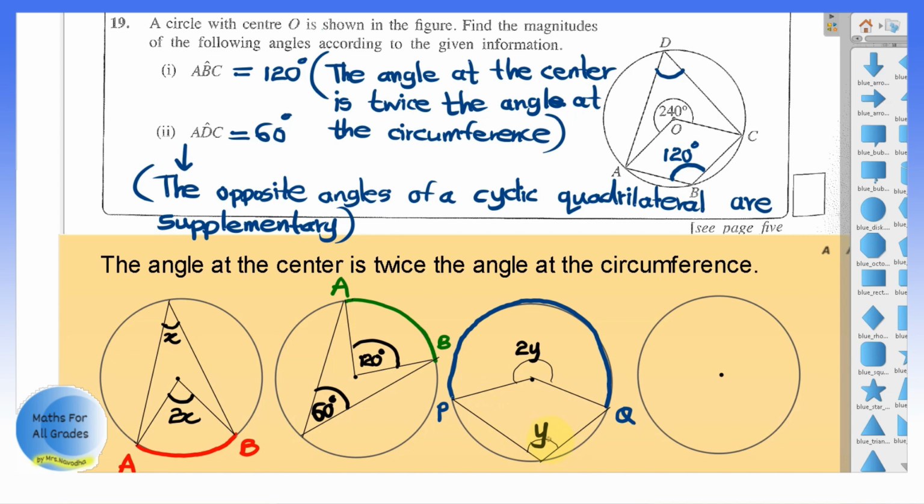The angle at the circumference is half of the angle at the center. Now I'll give you a question. This is the major arc, and this angle is subtended by this major arc at the center. Let's say this angle is 160 degrees. Now my question is, you have to draw another angle that's subtended by the same arc, which is 80 degrees. Okay, I'll give you 3 seconds.